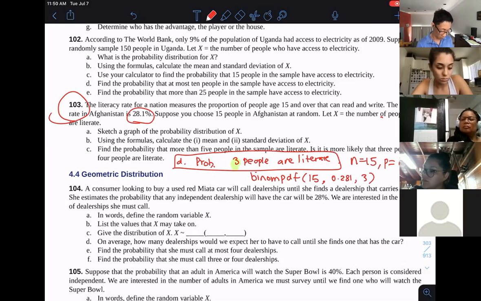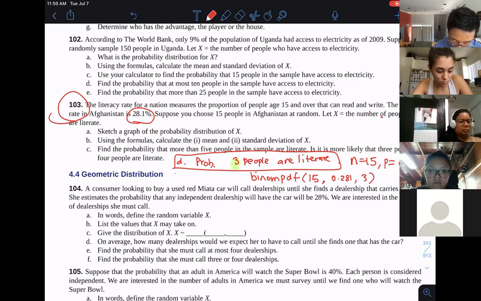So if I input into the calculator, by the way, this is under second, oops, vars, right?